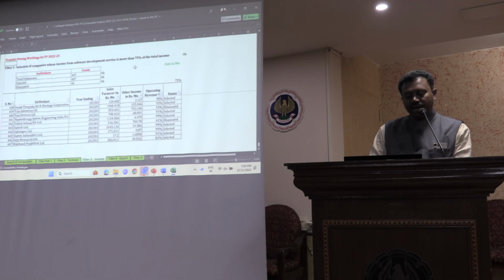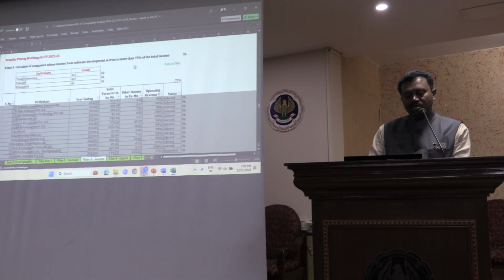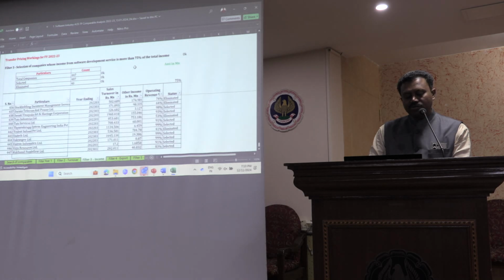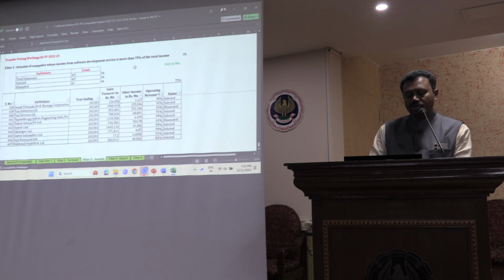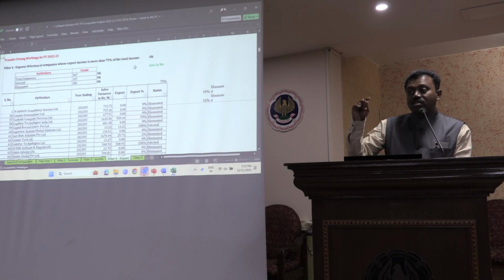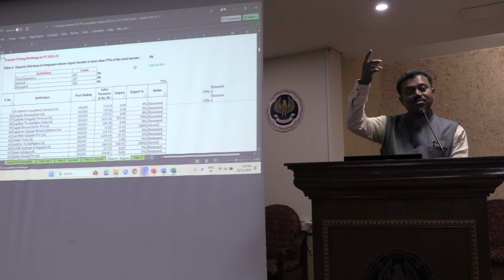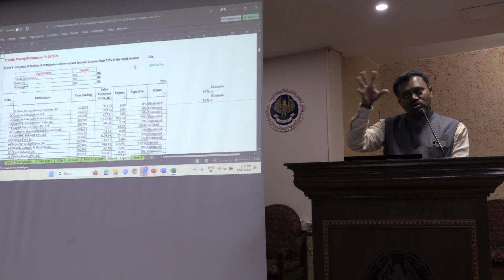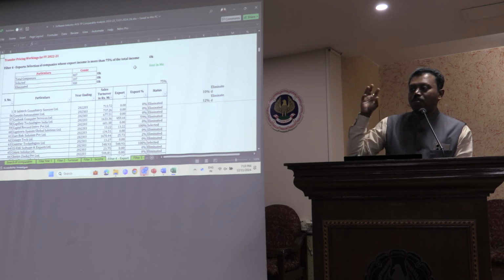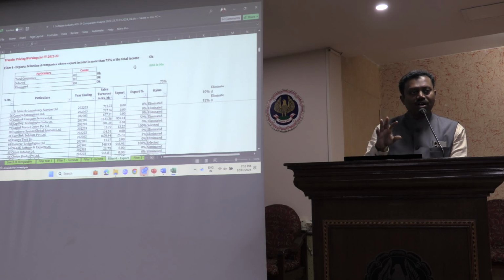Filter 3, income criteria, where 75% is from software development service, 447. All this, we are giving as a command in the database itself. It throws a report, we export it and put it in a sheet.